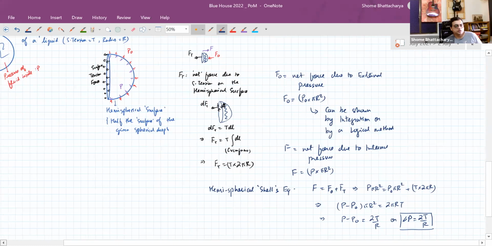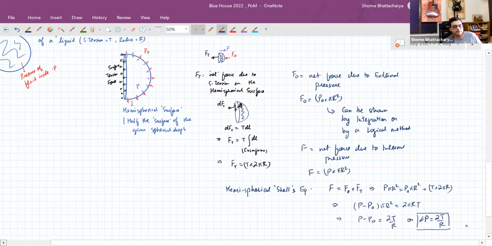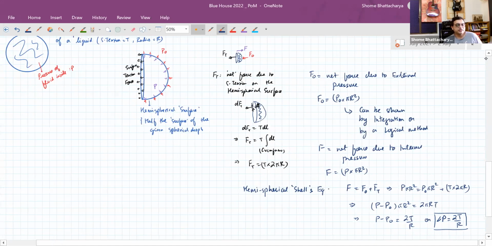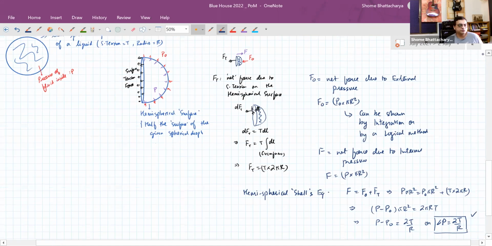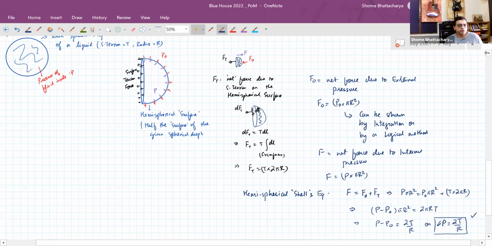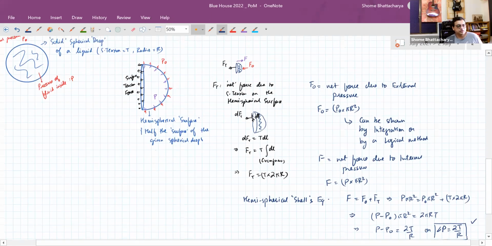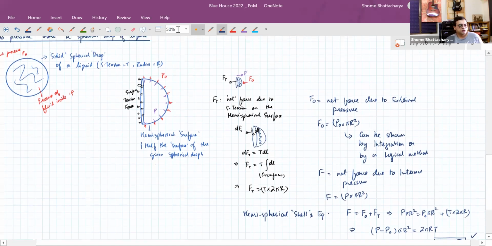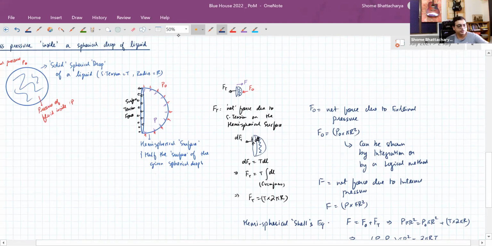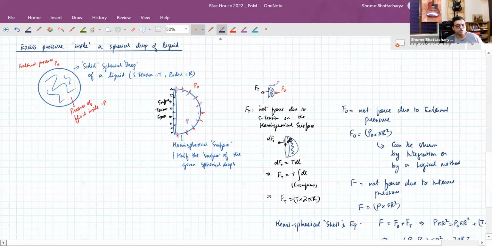That also we will see. But more important for us right now is this formula: the excess pressure inside a spherical drop is given by 2T by R, where T is the surface tension and R is the radius of the spherical drop. I will just minimize this a little bit and you can go through this once.